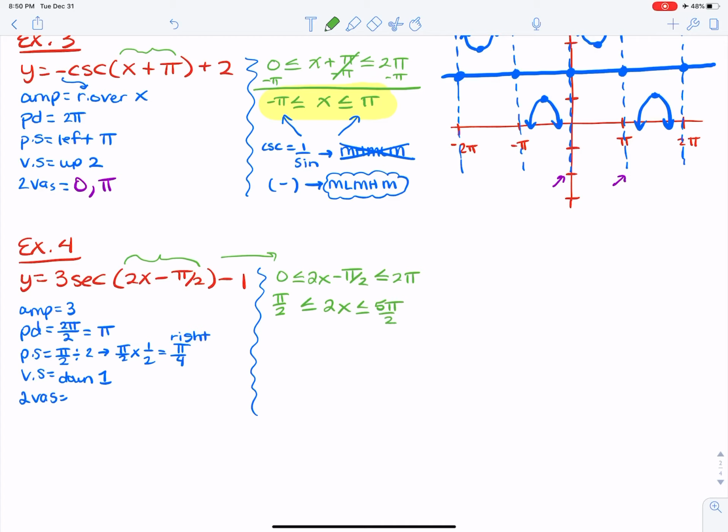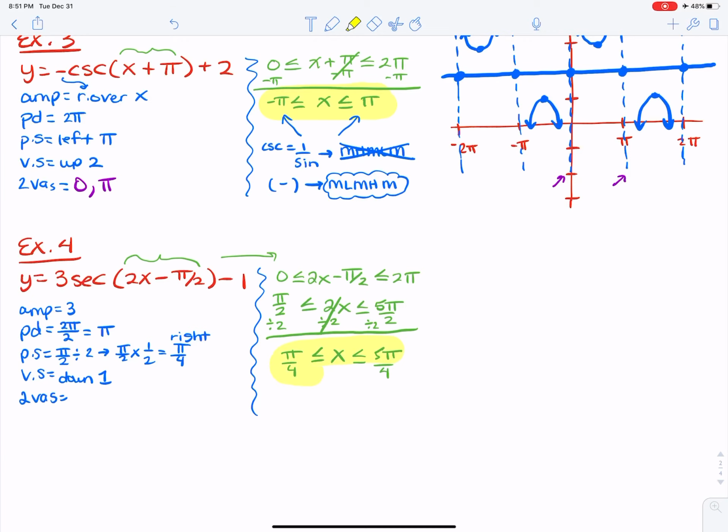Okay, and then we want to divide by 2. Divide by 2, divide by 2, and divide by 2. This goes away. X is greater than or equal to pi over 4, do keep, change, flip again, and less than or equal to 5 pi over 4, keep, change, flip.